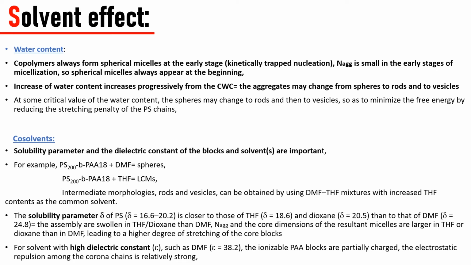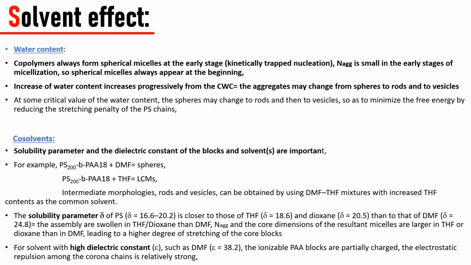As we said, the solubility parameter is very important. The solubility parameter of polystyrene is between 16 to 20, which is closer to THF. The solubility parameter of THF is 18, and the solubility parameter of dioxane is 20. But the solubility parameter of DMF is close to 25. So there is a huge gap between the solubility parameter of polystyrene and DMF.